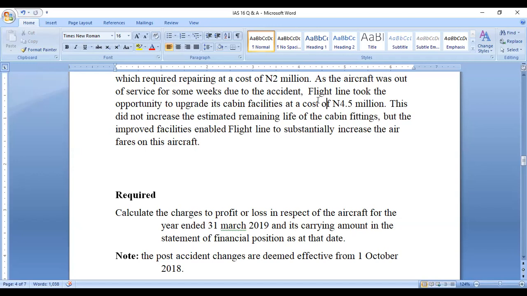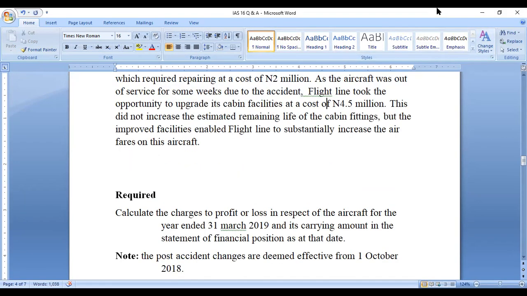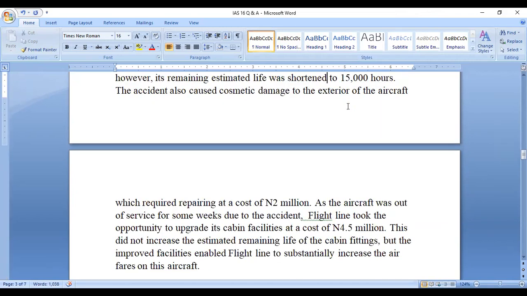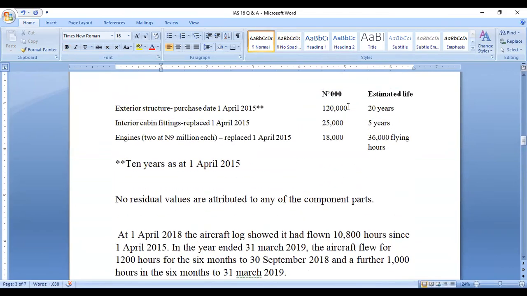So we are also going to find the depreciation for the 3 years before all this upgrading took place. Before I go forward, because we are going to calculate depreciation for cabin fittings, what's the cost of the cabin fittings? 25 million.